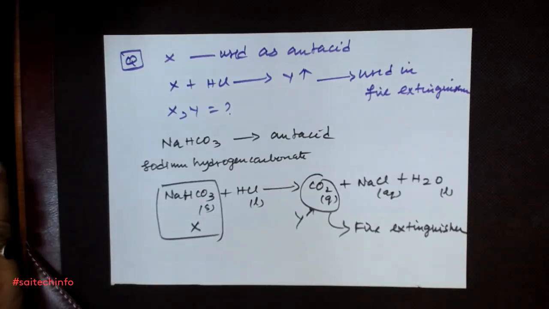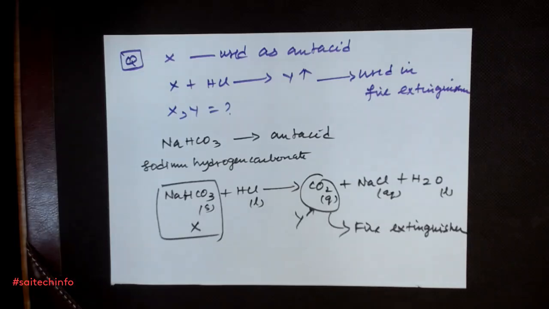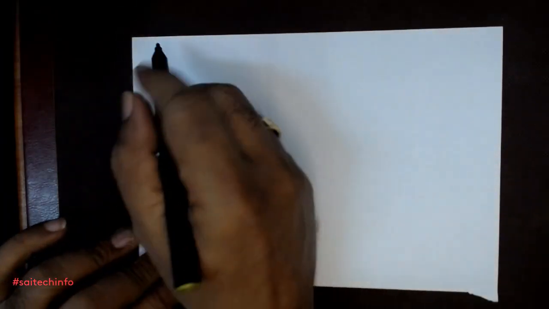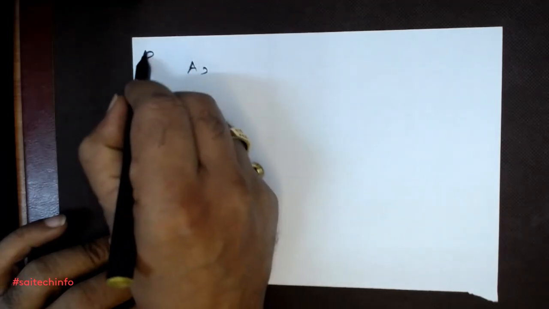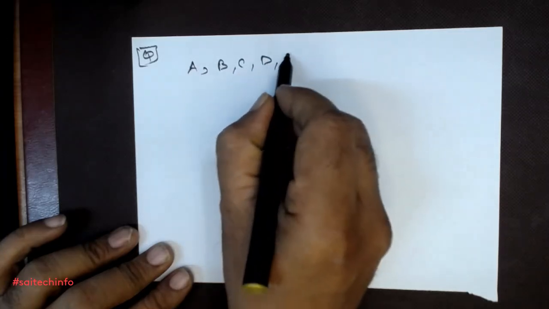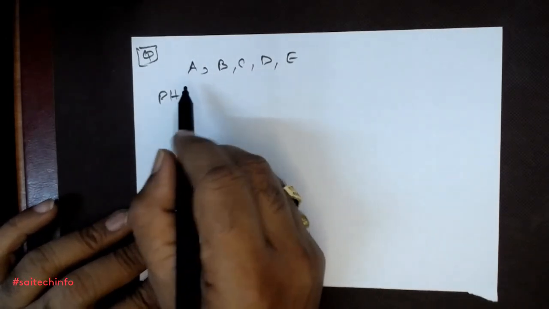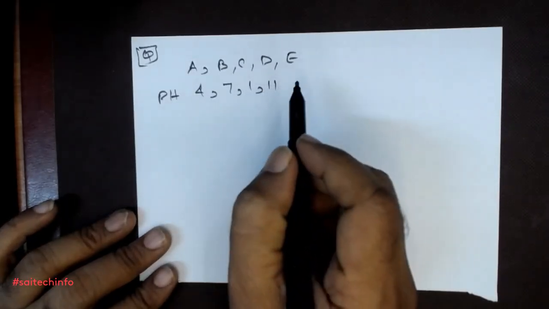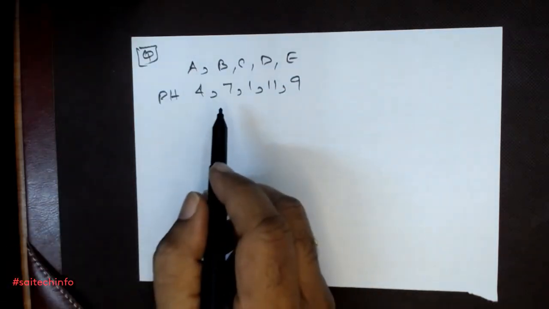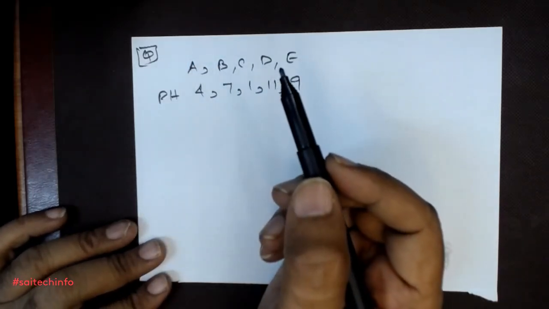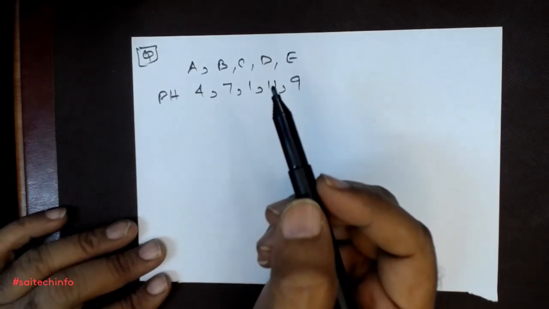Next question. Solutions A, B, C, D, E showed pH 4, 7, 1, 11 and 9 respectively, when tested with a universal indicator.